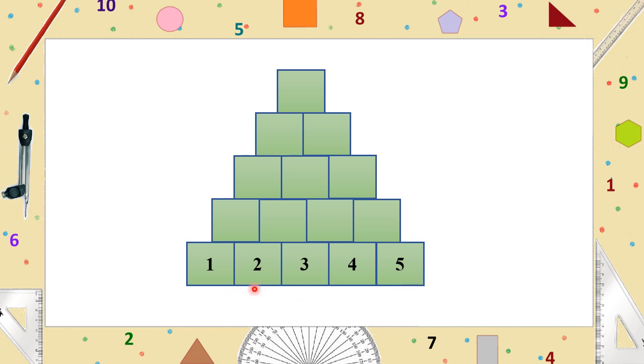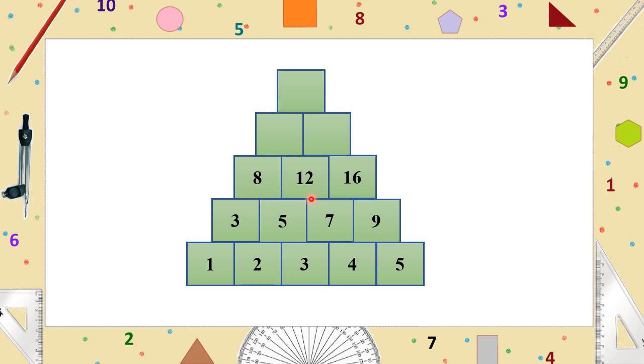What is 1 plus 2? 1 plus 2 is 3. 2 plus 3 is 5. 3 plus 4 is 7. 4 plus 5 is 9. And 3 plus 5 is 8. And 5 plus 7 is 12. And 7 plus 9 is 16.